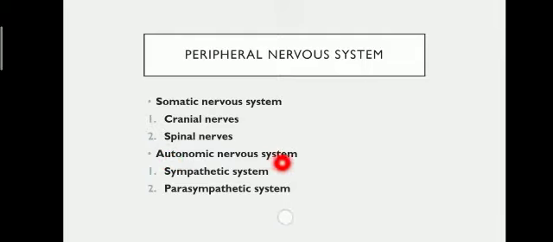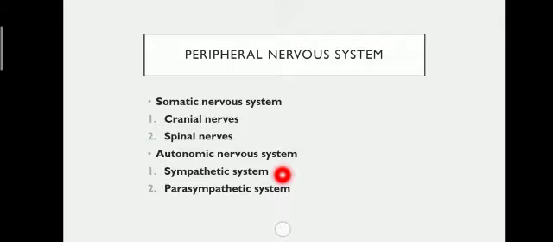Then coming to the autonomic nervous system, in this we can study about the sympathetic nervous system and the parasympathetic nervous system. The sympathetic nervous system activates our body, and it controls the activities when the hormone adrenaline is released.